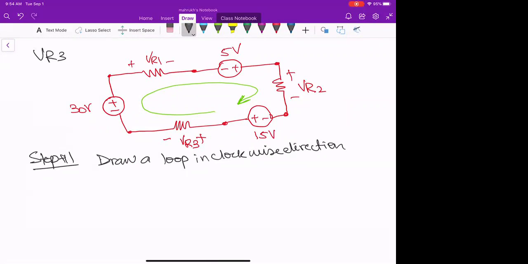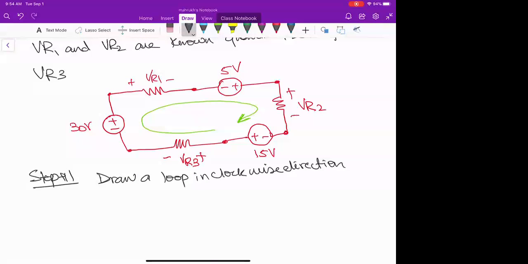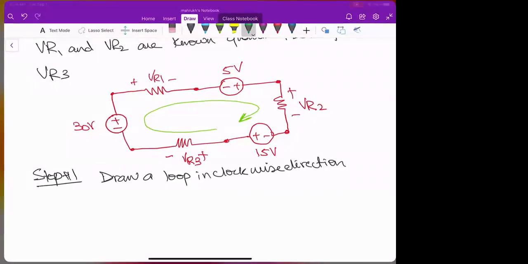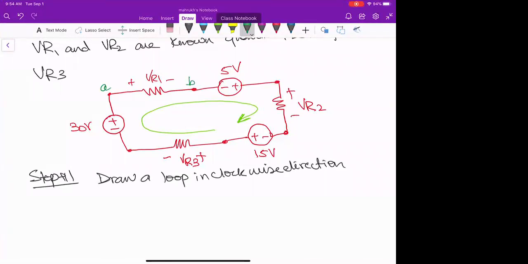This loop suggests the direction of current, right? You can start writing from any side, but you need to think from where the loop is entering any element, okay? Let me define the nodes as well. So this is my A, B, C, D, E, F.